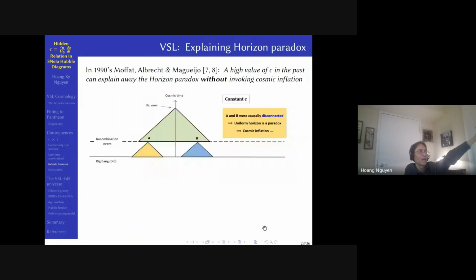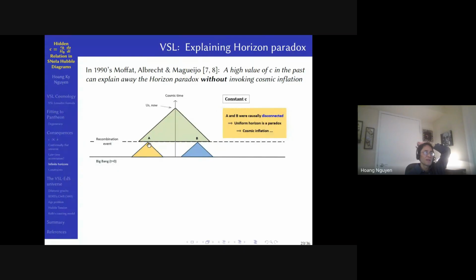Now, let me show you the idea, the proposal from Moffat and Albrecht-Magueijo in the 1990s. They proposed at the time that a high value for C in the past may explain away the horizon paradox without the need for inflation. And what we do is that now, suppose that we are here. We look at the time for the recombination event.